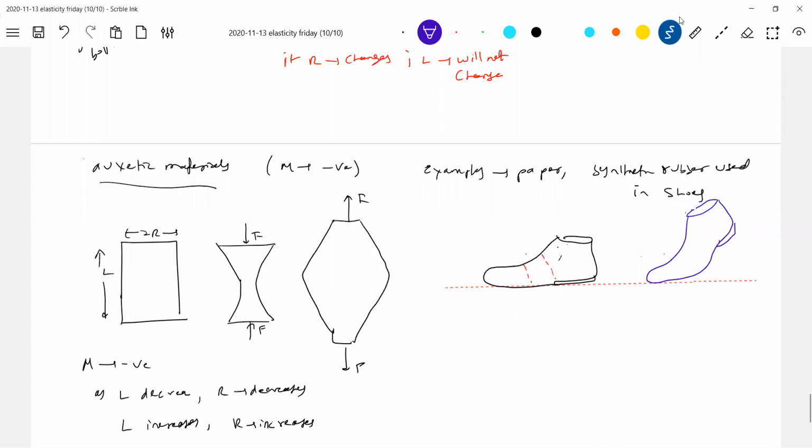Tell me what should happen? The length will increase. If you see the overall length, this L1, you should measure like this. L2 will be greater than L1. Am I right?